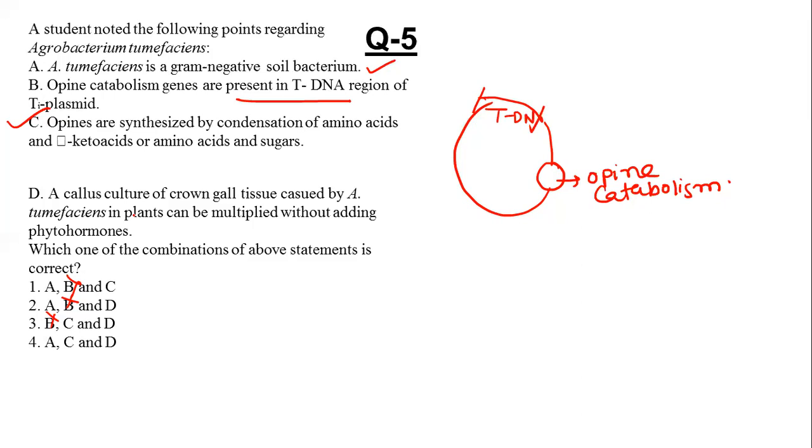The statement is not complete. Another is that a callus culture of crown gall tissue caused by Agrobacterium tumefaciens in plants can be multiplied without adding phytohormones. This is also not possible. So none of the options is correct. So it's a star mark question.